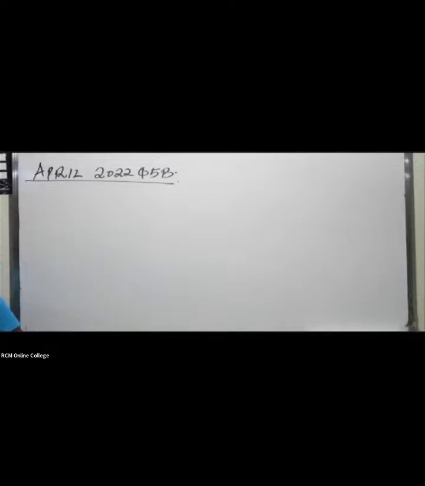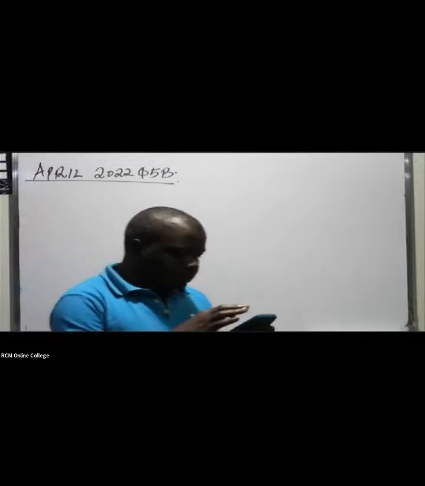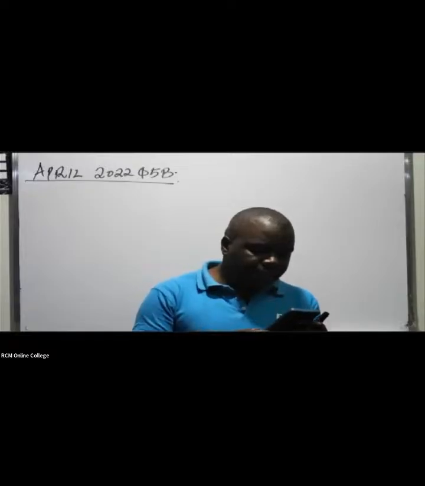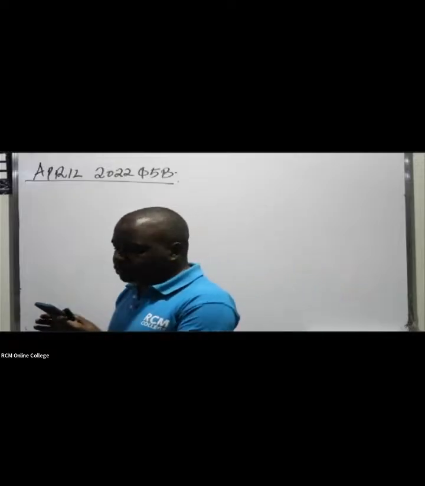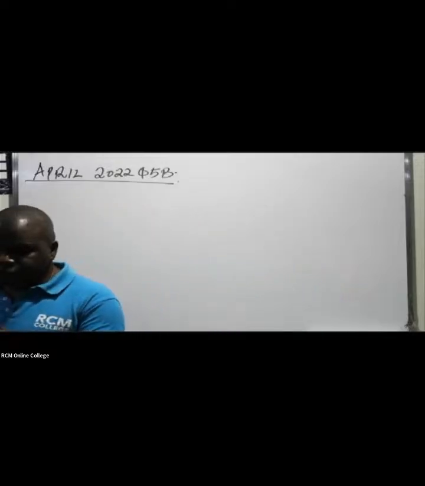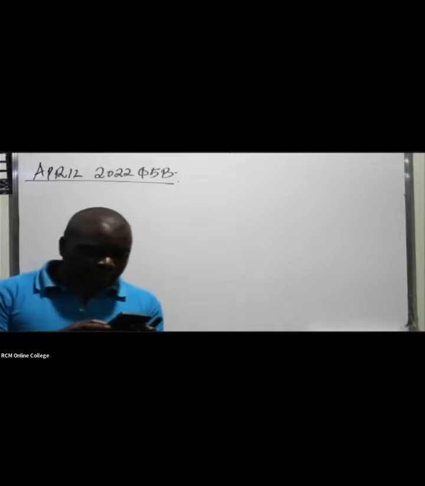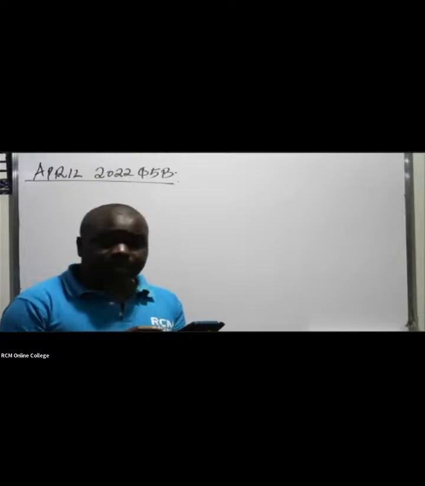So the question in this case is saying that Limited, a public limited entity, is in the process of finalizing financial statements for the year ended 31st of October 2021. The following information has been extracted from the accounting records for the purpose of estimating the deferred tax balance.